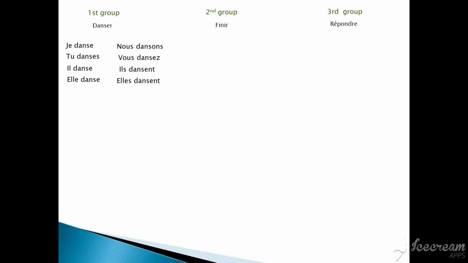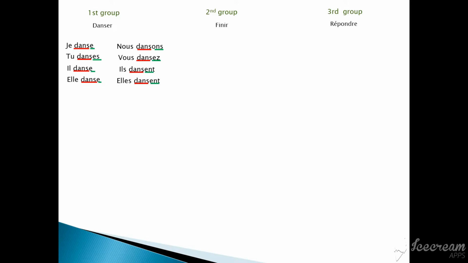We can see that to use the verb danser in the present, we kept the radical the same for all subject pronouns, and we added the ending of the present tense for each subject pronoun.